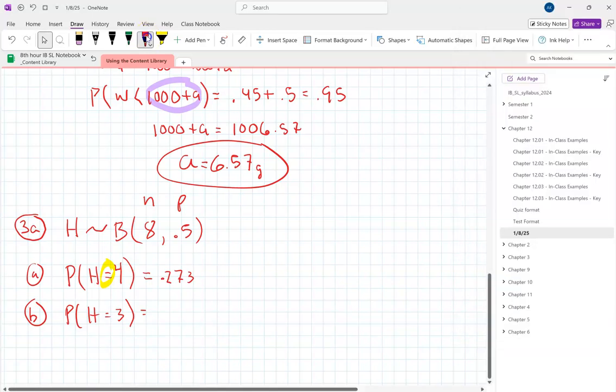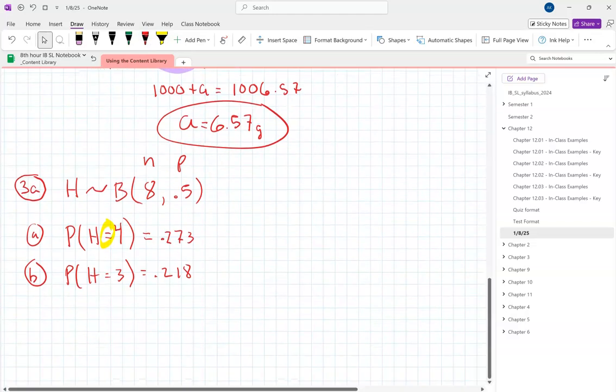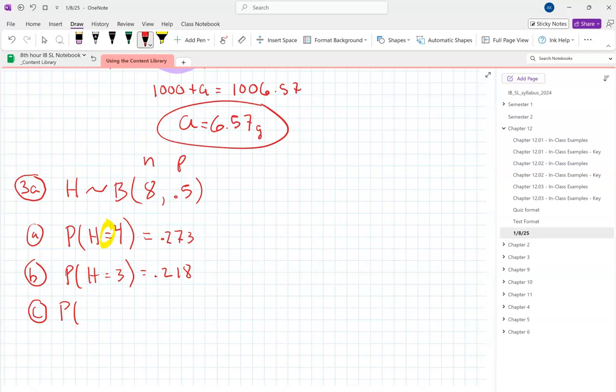Oh, we were wrong. And the last one is the probability of getting 3, 4, or 5 heads.